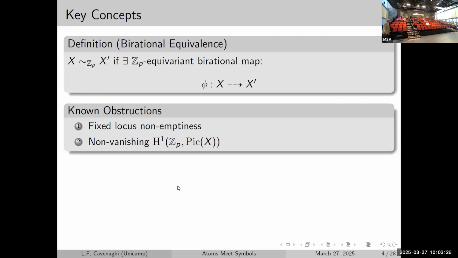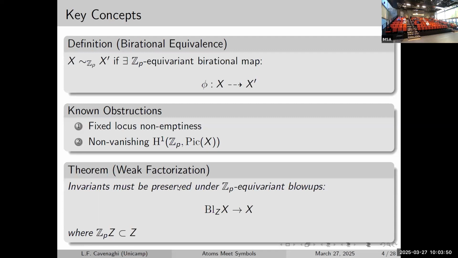So this gives the obstruction. The obstruction one being X has no fixed locus, or X prime has fixed locus. I mean, if X and X prime happen to be Z/p equivariant birational, then the fixed locus of both cannot be empty. So if one is empty and the other is not, then they cannot be Z/p equivariant birational equivalent.